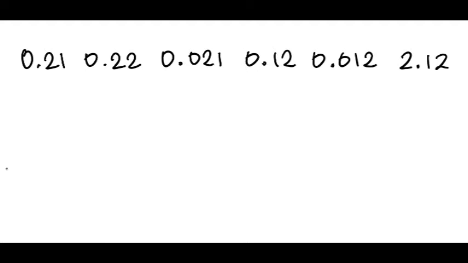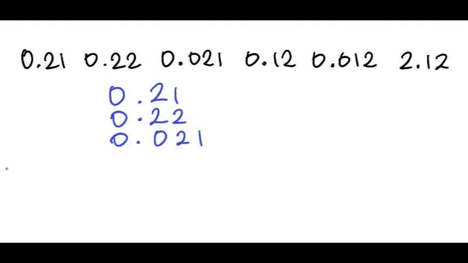So we're going to write these as neatly as we can. 0.21 first, then 0.22, and it's important that you keep the columns neat. An awful lot of students just can't keep things in any sort of a column. So take your time. This is not brilliant, but it's good enough.